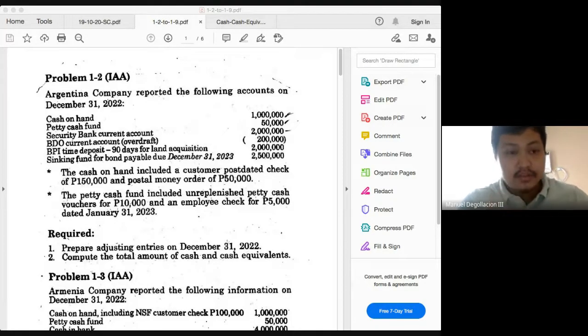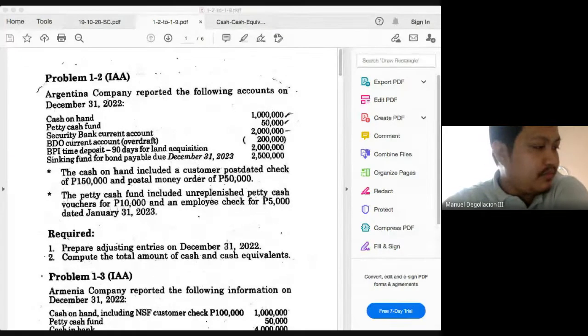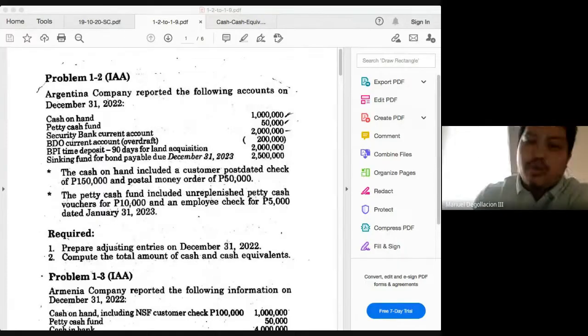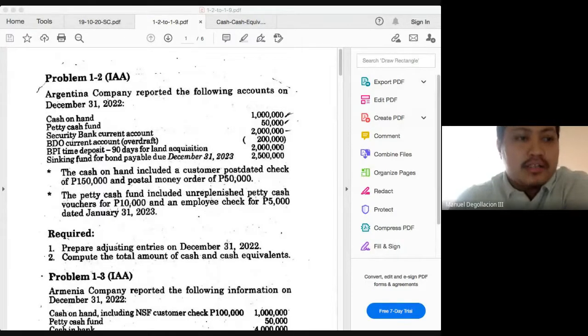Let's just proceed. So just to recap, we will start with problem 1-2 from the very beginning. As I have already emphasized before class, most of the problems that we will encounter for cash and cash equivalents would have a common theme wherein the task for us would be to simply identify items that are to be included in our cash and cash equivalents.